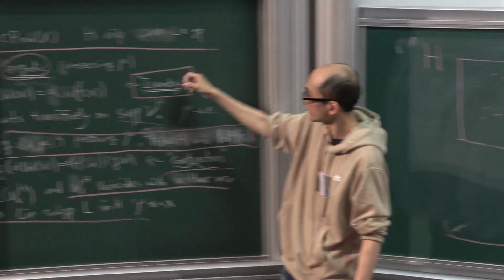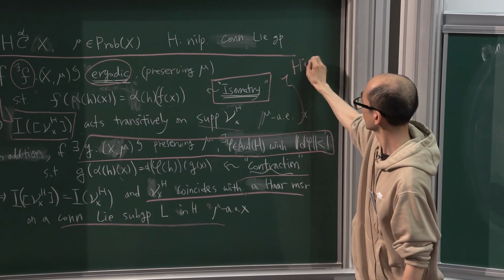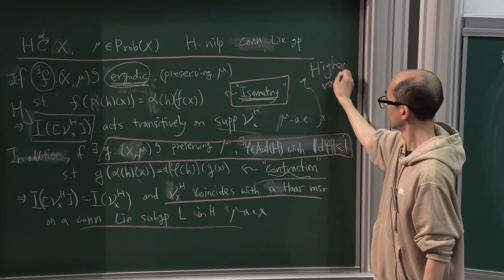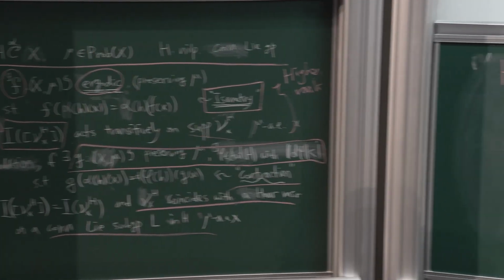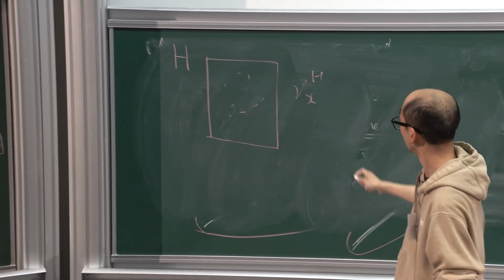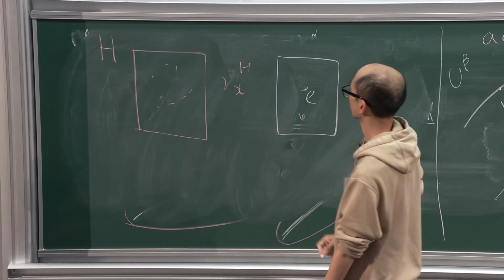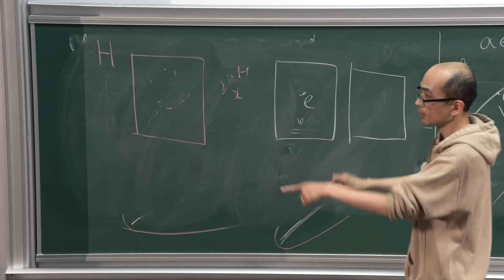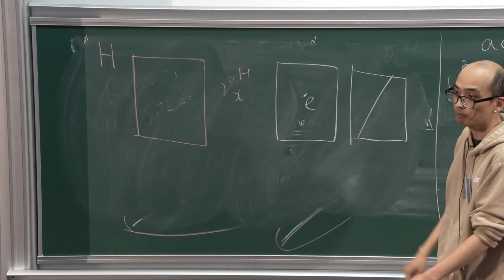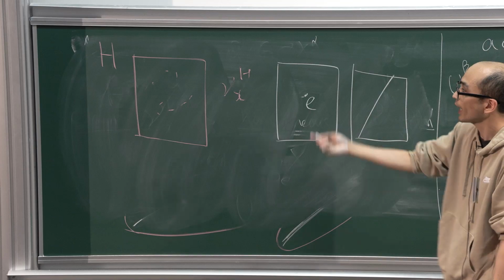However, using the higher rank, these are really higher rank properties, what I can do is that either this will be maybe a point, or maybe even a line. Your measure should be on the line if your H is R2.